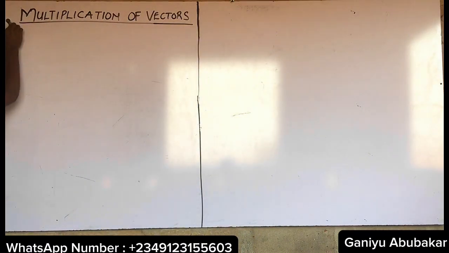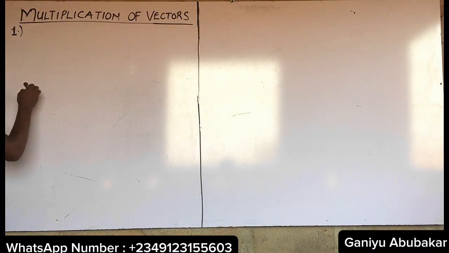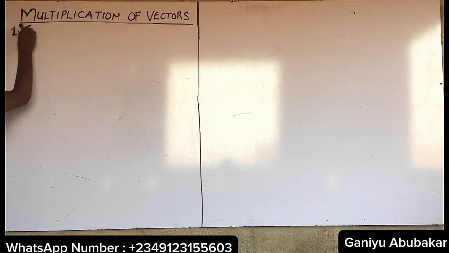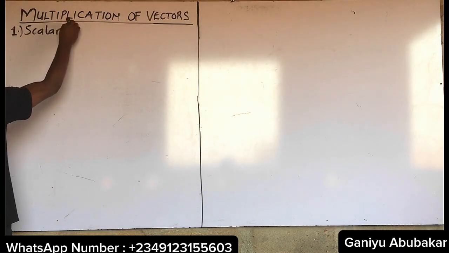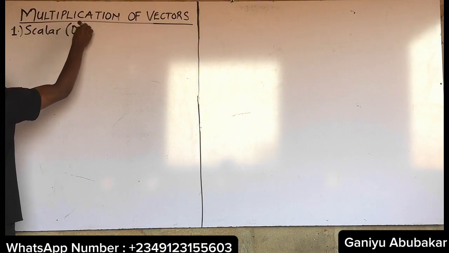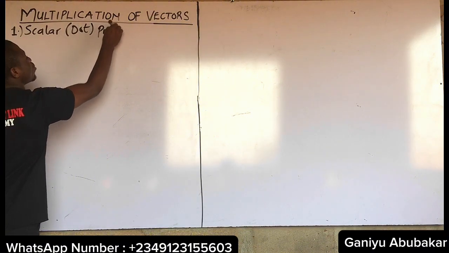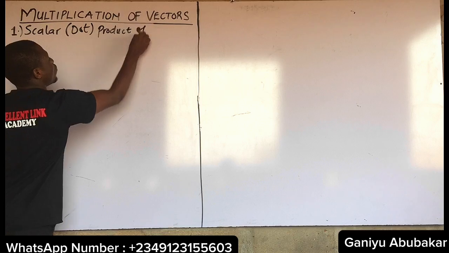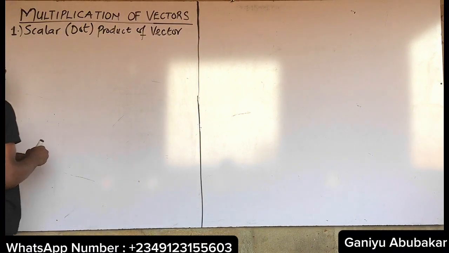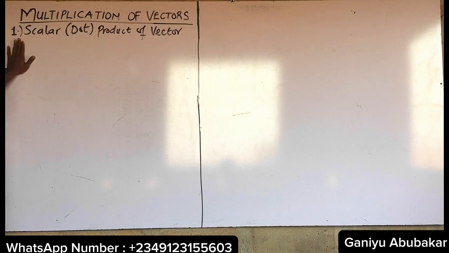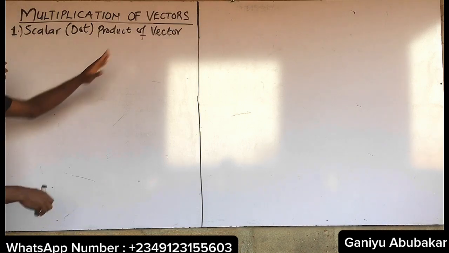Number one, we have what we call the scalar, or dot product of vectors. This is the first way of multiplying two vectors.